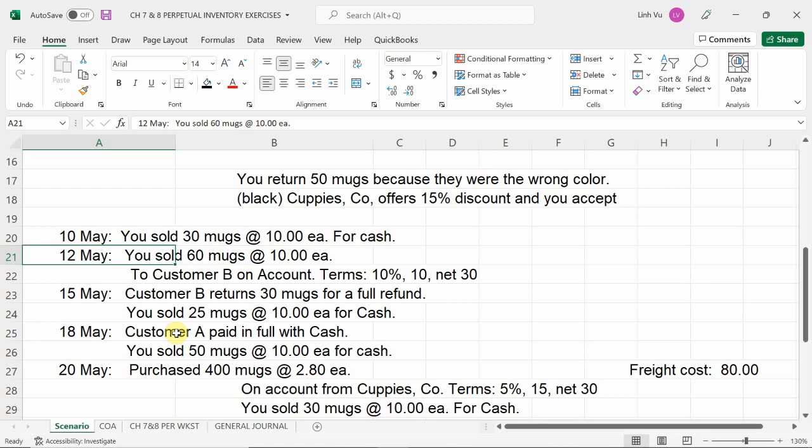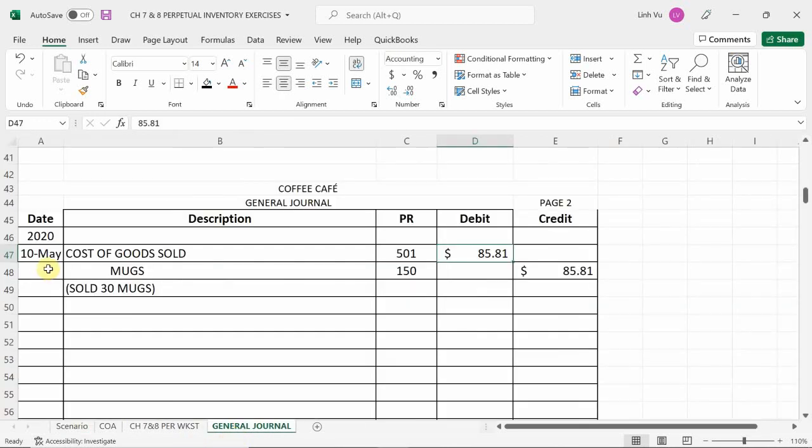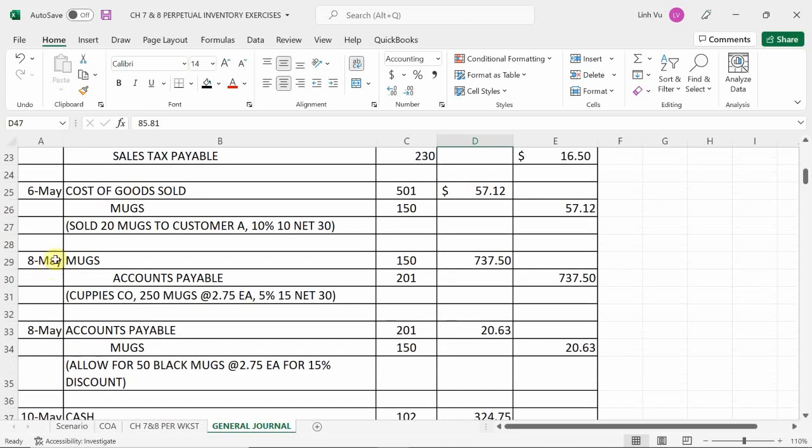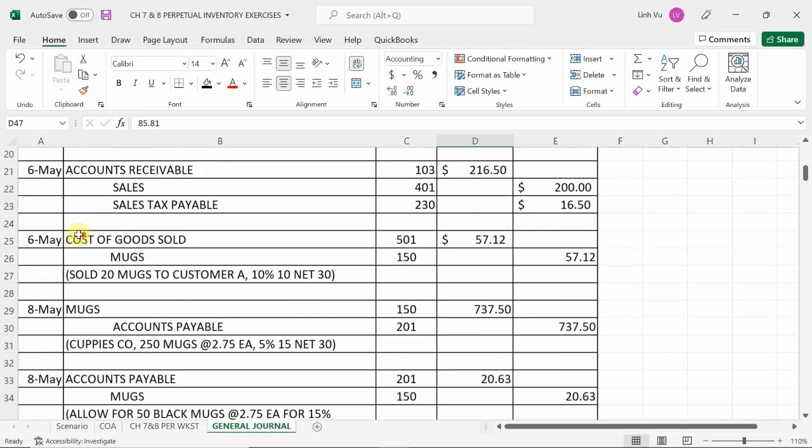So in this case, we sold 60 mugs at $10 each to customer B on an account. Straightforward, right? We sold to customer B on an account. And so we need to journalize the sales first and then adjust our mugs accordingly.